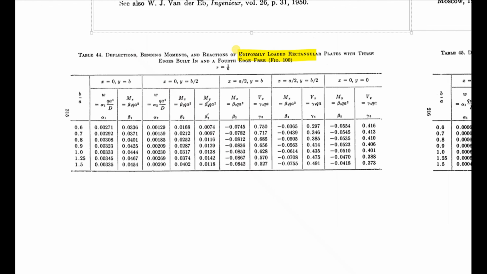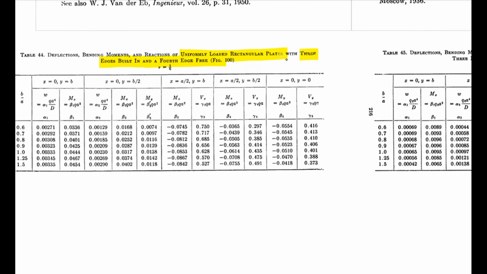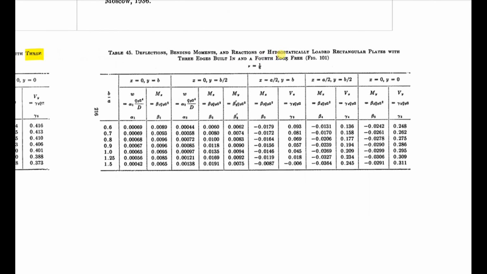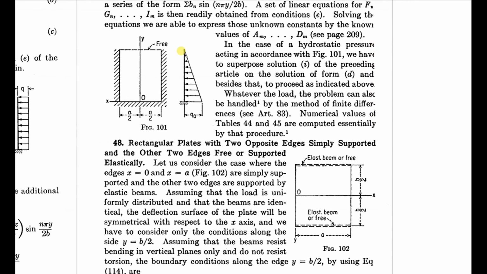You see this table 44, for uniformly loaded rectangular plates with three edges built in and the fourth edge free, which is our case. And this is table 45 from Timoshenko: deflections, bending moments, and reactions of hydrostatically loaded rectangular plates.